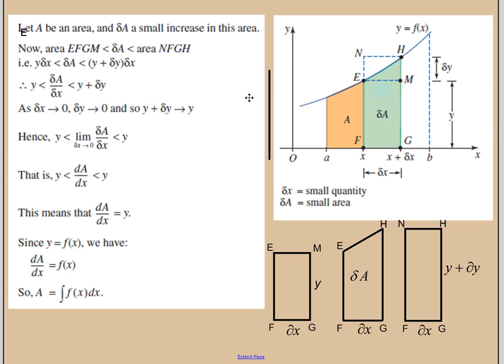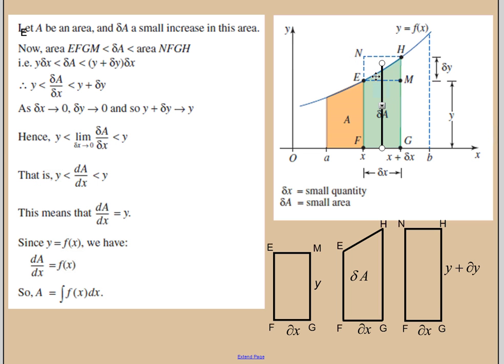Now, as delta x gets smaller and approaches 0, delta y is going to approach 0 as well. If I just demonstrate that, here the black line represents y plus delta y, and if I move it to this point, delta y, the length up from EM to the curve, is shorter than what it was there.